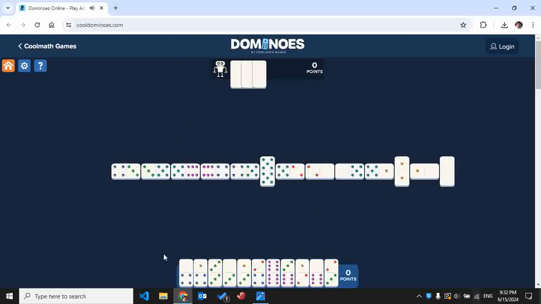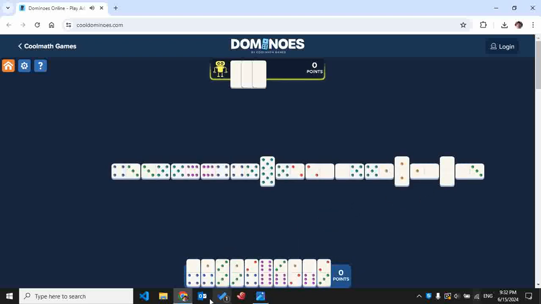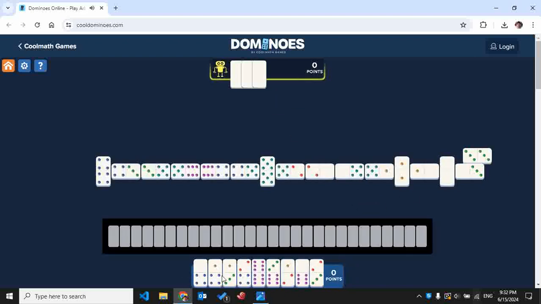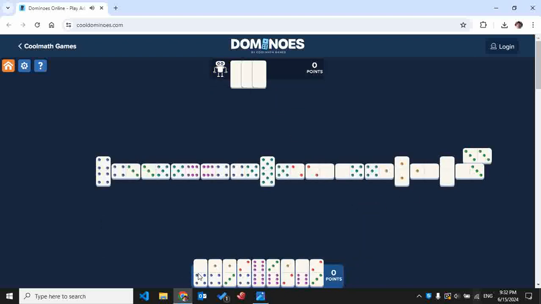So we have four dots and here is blank. Okay, here is blank, so you can keep it here. Four dots, okay, four dots and three dots, so three dots is here. Similarly we're blocked.